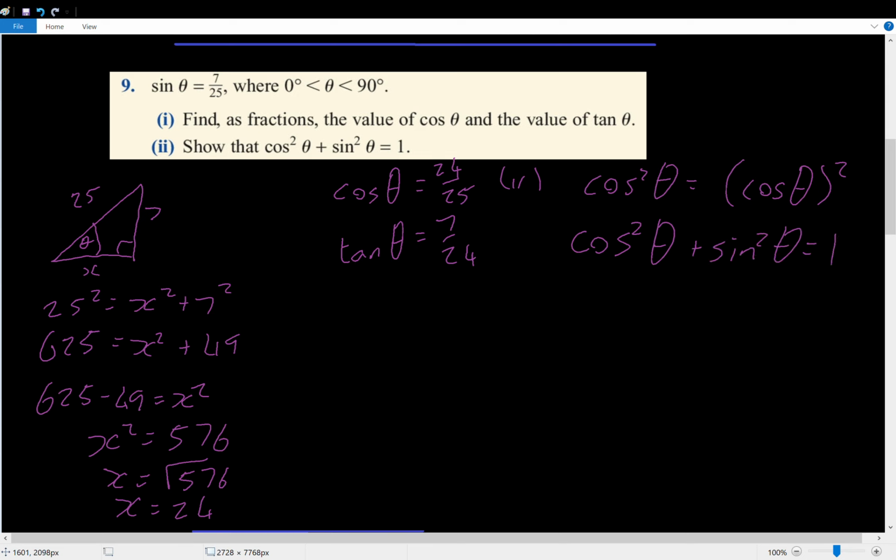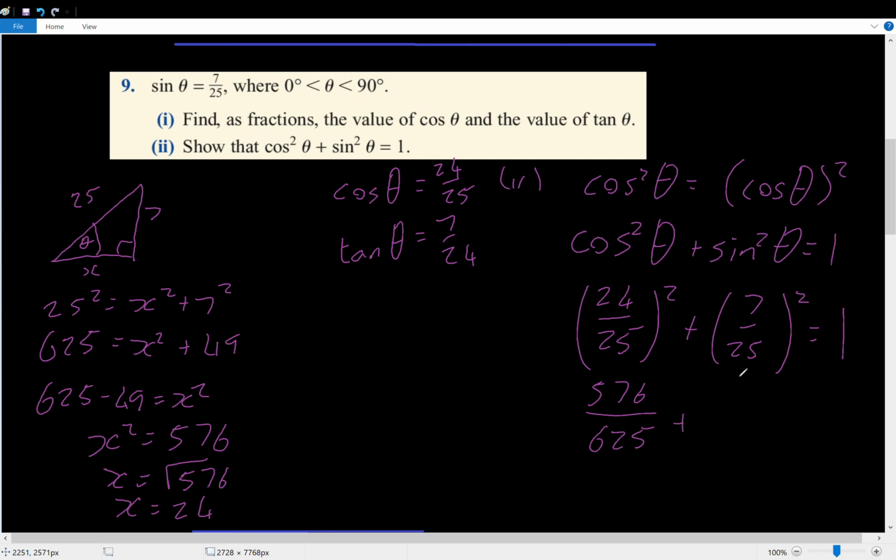Since cos is 24 over 25, we're going to have 24 over 25 squared plus sine theta, which we already know because it was given in the question, which is 7 over 25 squared. And we're just checking that that is equal to 1. Well, 24 squared is 576. 25 squared is 625.